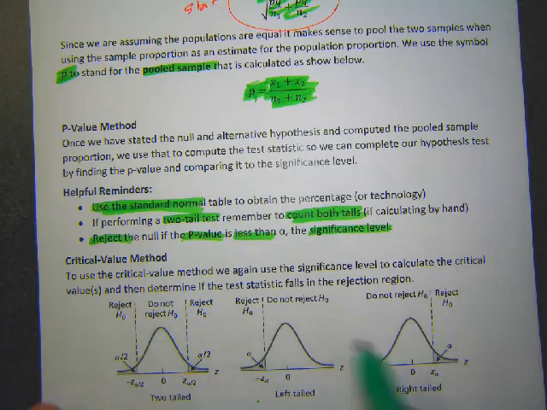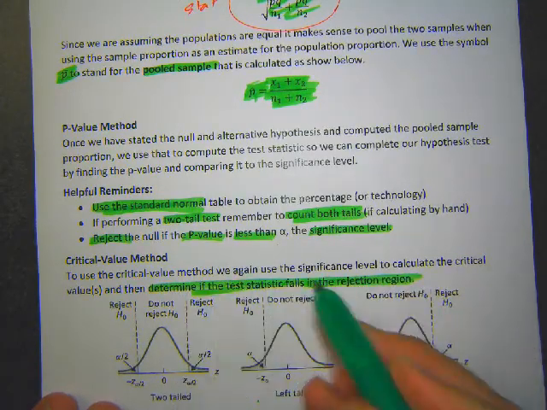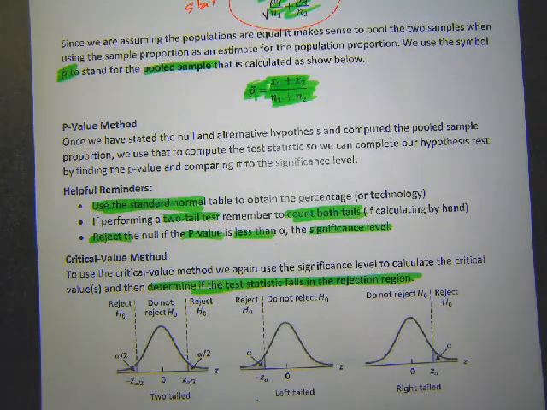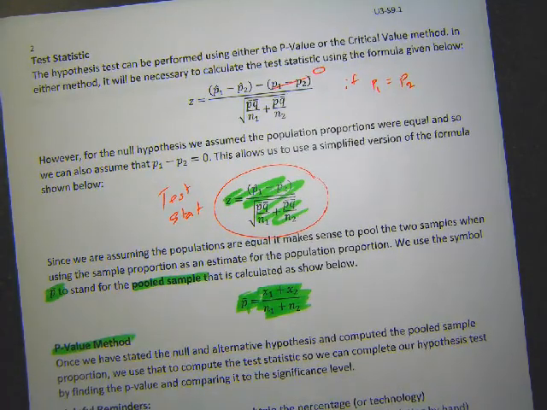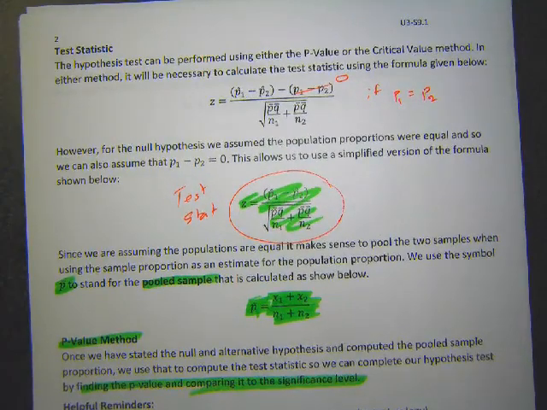So remember, the critical value determines if the test statistic is in the rejection region, and that's when you reject. Again, if you're going to use technology, you're probably not really going to use the critical value method. We'll mostly just use the p-value method, because that one works great with technology. So we'll find the p-value and compare it to the significance level.